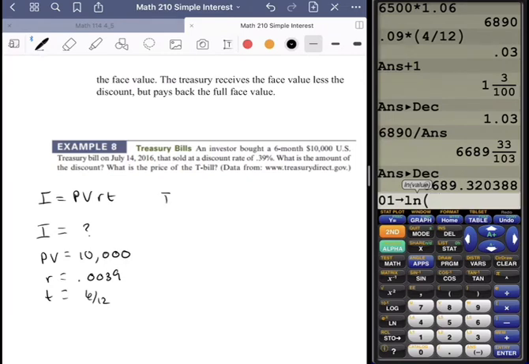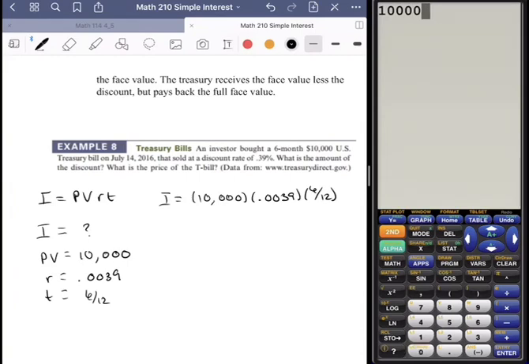So I have interest equals 10,000 times 0.0039 times 6 out of 12. So that means that my interest is 19.5.